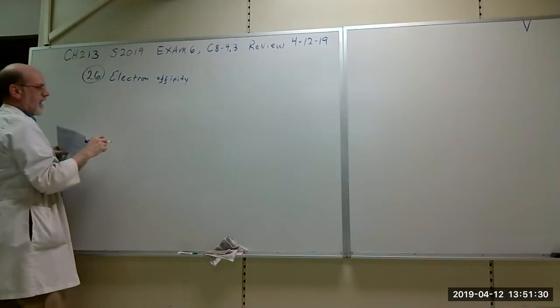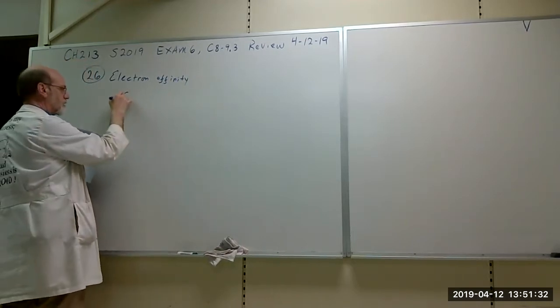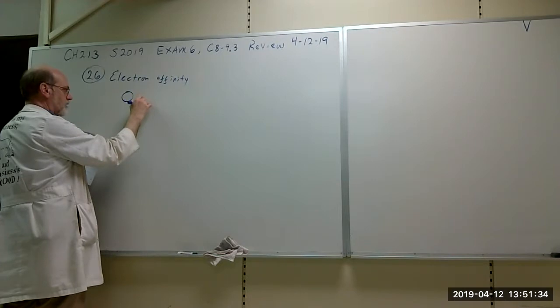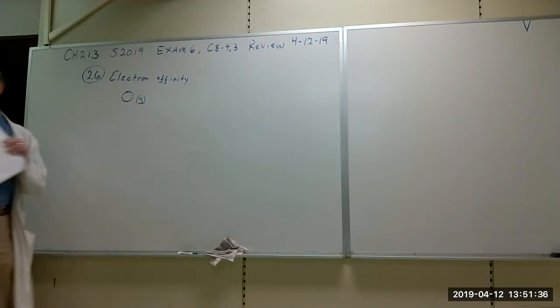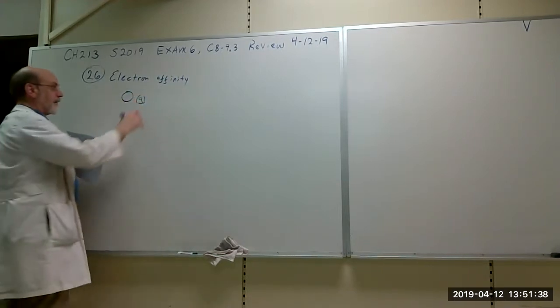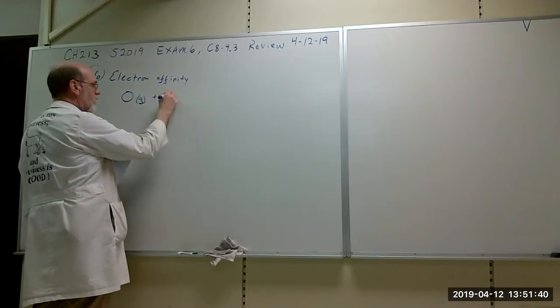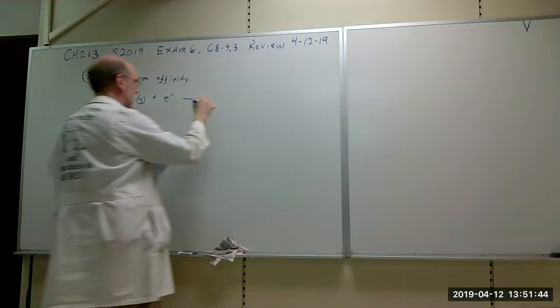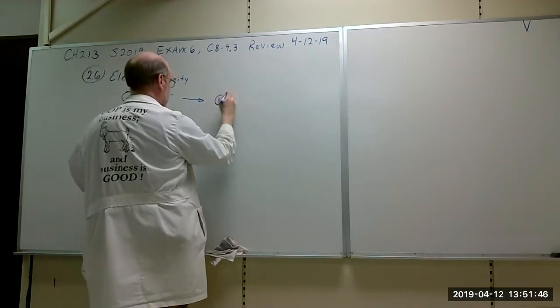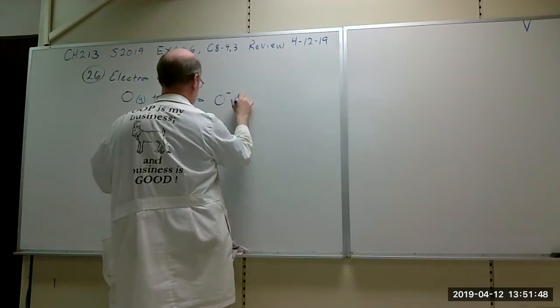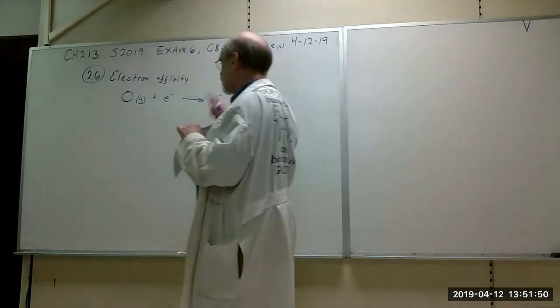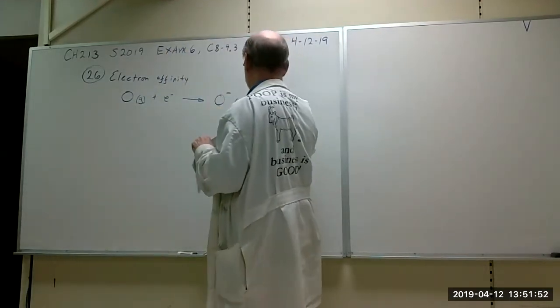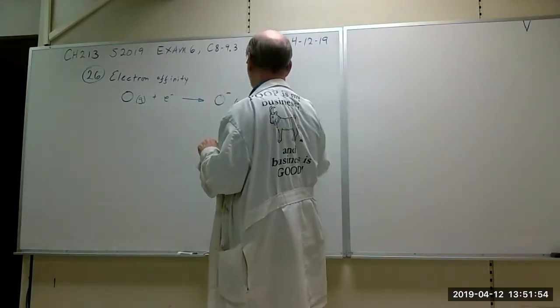Okay, how do we define electron affinity? We start with the gaseous atom. And then you allow an electron to associate with it, which produces a gaseous anion. So that's the first electron affinity, EF1.